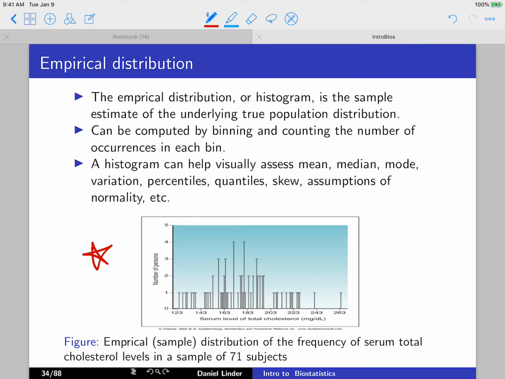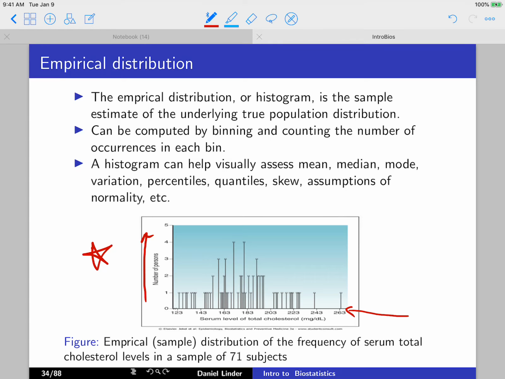So what we have here in this figure is the empirical or sample distribution, these mean the same thing, of the frequency of serum total cholesterol levels in a sample of 71 subjects. On the x-axis of this plot are the different serum levels of cholesterol, and the y-axis is the number of times in the data that each particular serum cholesterol value was observed.